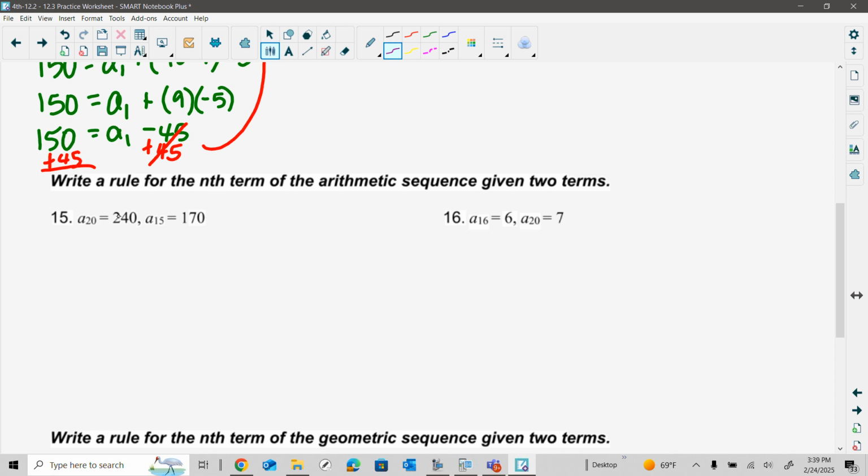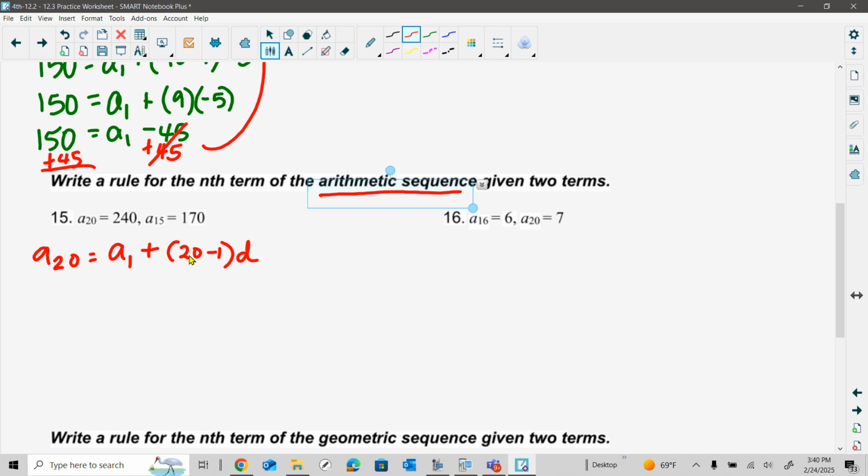So what I would do, I want to find the a sub 1 using our values, because this one is the arithmetic sequence. So if I know a sub 20 would be the first term, a sub 1, plus 20 minus 1 times that difference. Okay.